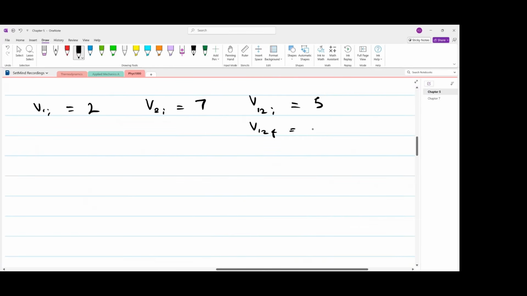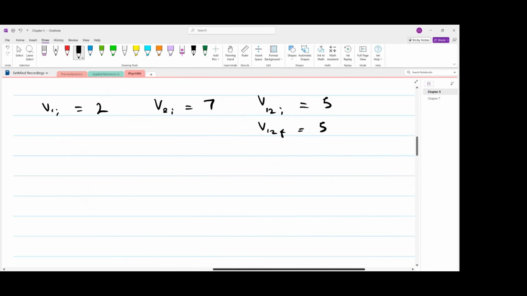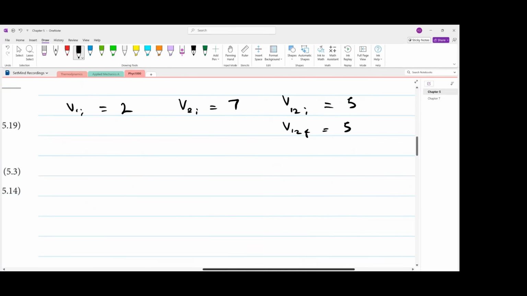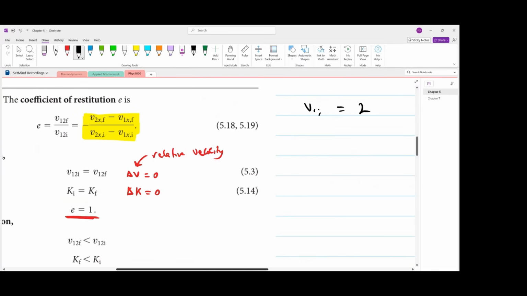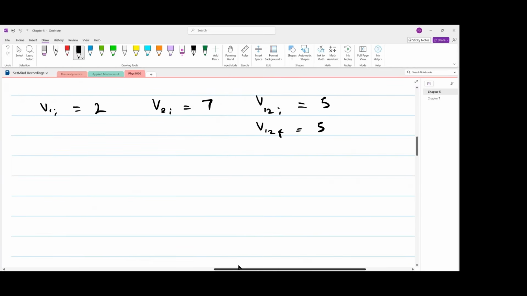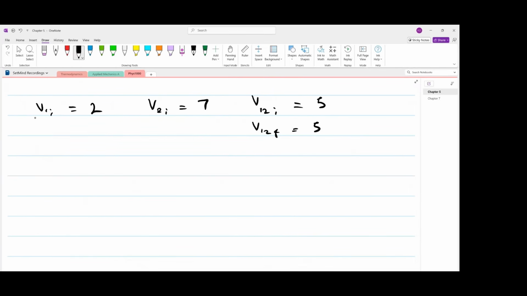Let's just assume we are dealing with the speeds, not the velocities. Then it is very possible that V1 final becomes negative 2 and V2 final becomes 3. So then it becomes 3 minus negative 2, which is still 5, right?